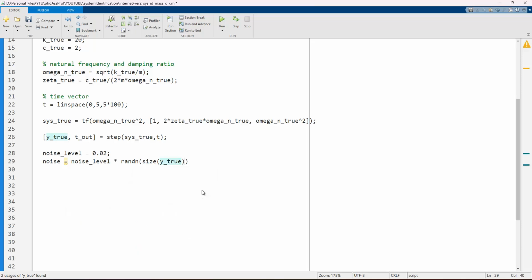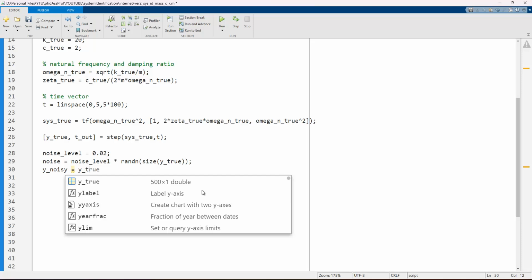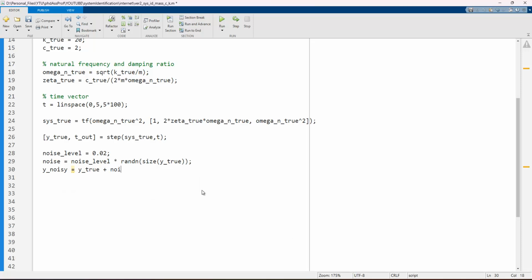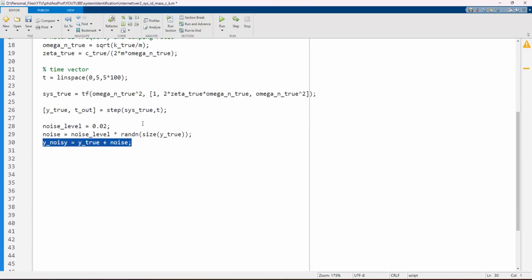This is the random Gaussian noise, and y noisy is defined with the y true plus this noise. Okay, this is noisy data, and so if you measure any system response from the mass spring damper to any other second order system, you will have this y noisy signal.